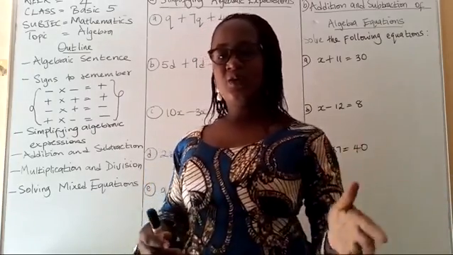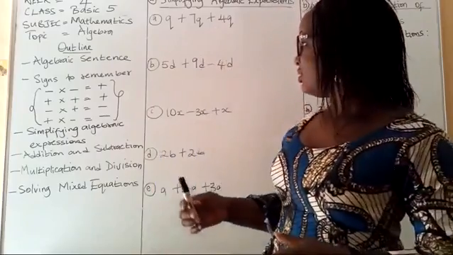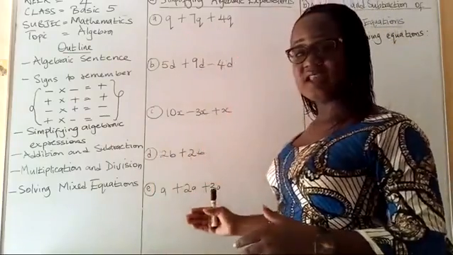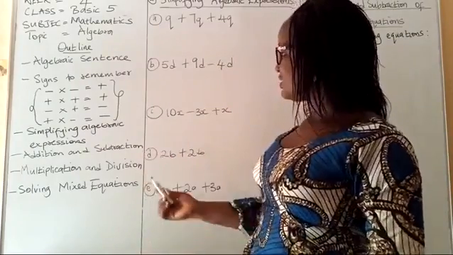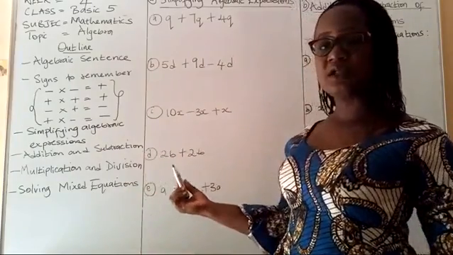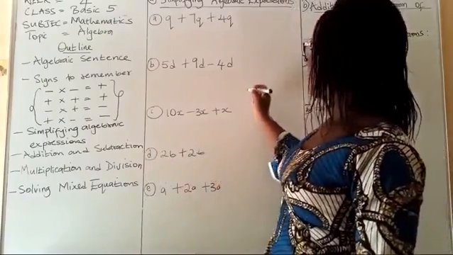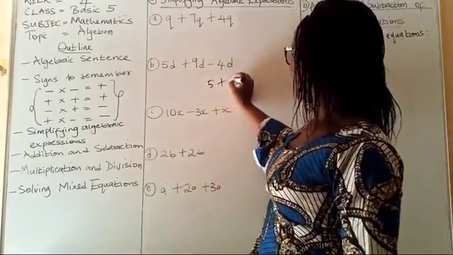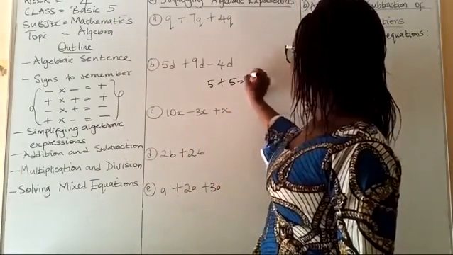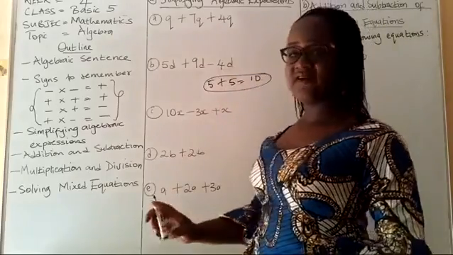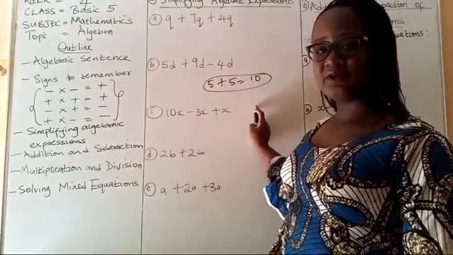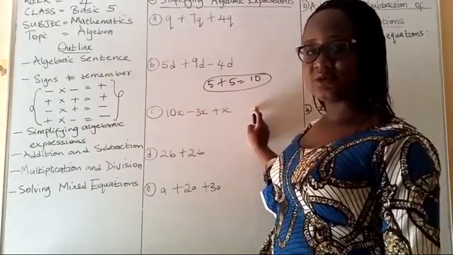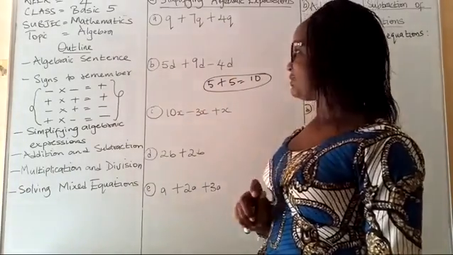I'll quickly give you an example of what I mean. Of course, all that we have here are algebraic word sentences. So I'll give you an example of what we call a number sentence, like what we have here: 5 plus 5 equals 10. Look at this. Do we have any letter here? No. This is a typical example of a number sentence.